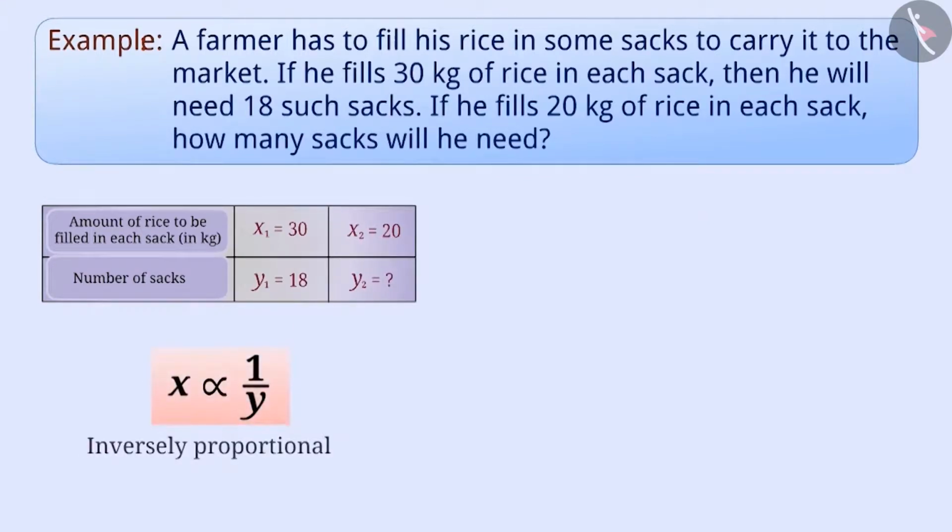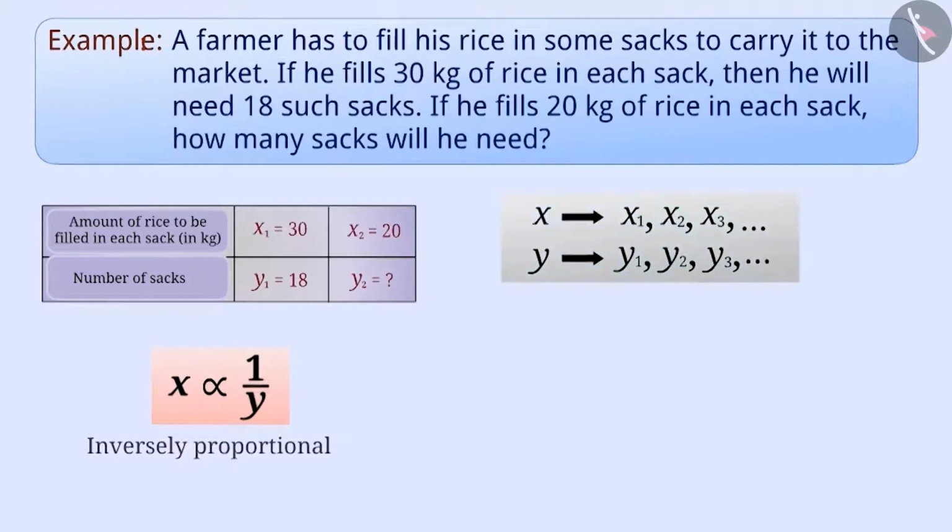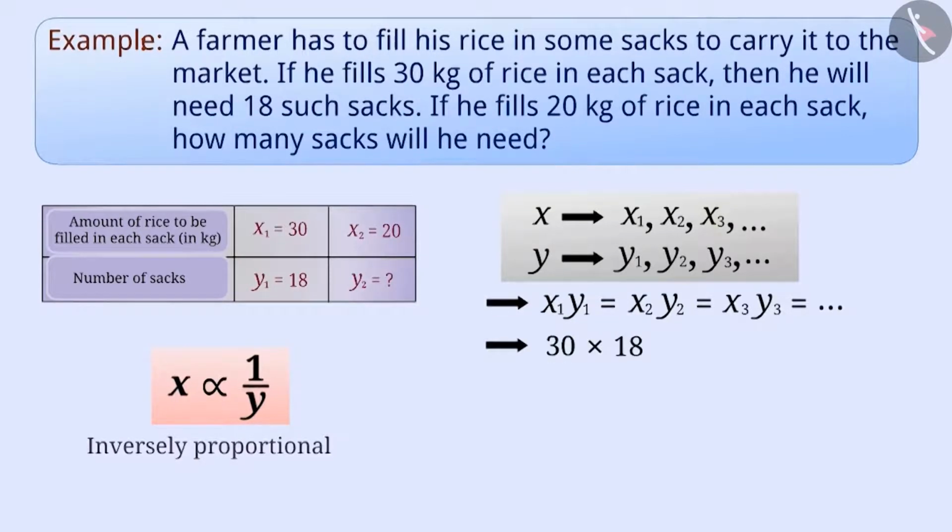In the case of inverse proportions, we can say that the values of x are x1, x2, x3, etc. and the corresponding values of y are y1, y2, y3, etc. x1 y1 is equal to x2 y2 is equal to x3 y3 is equal to etc. So here we can say that 30 into 18 is equal to 20 into y2.